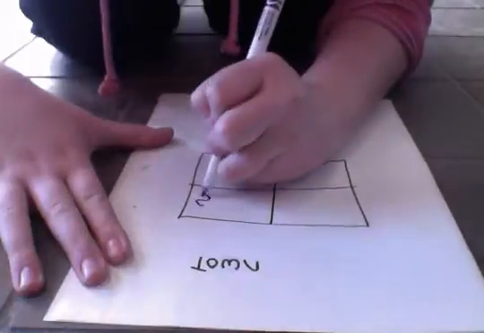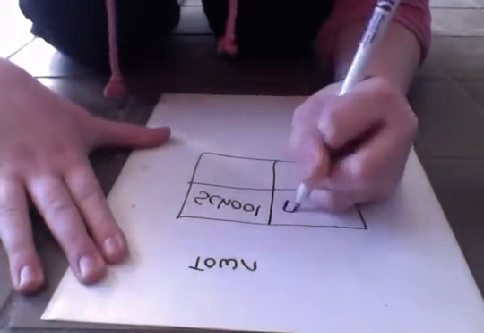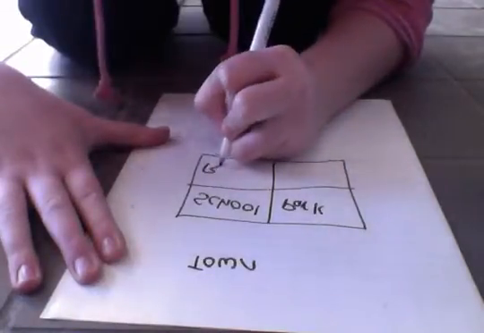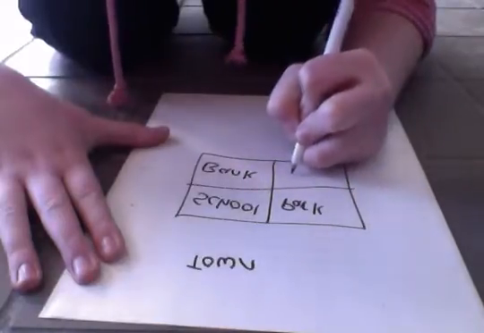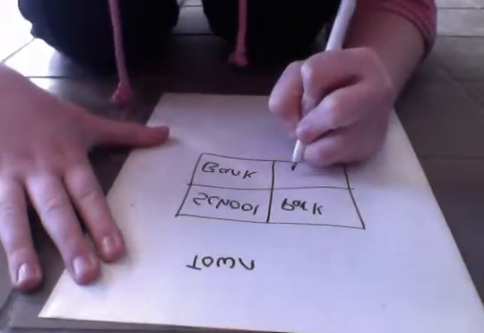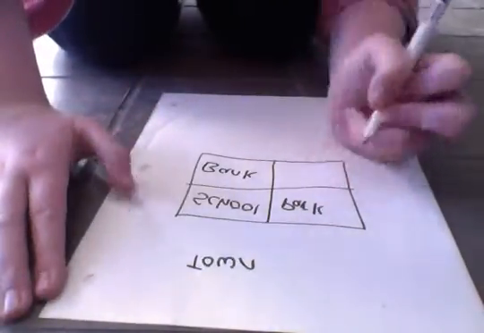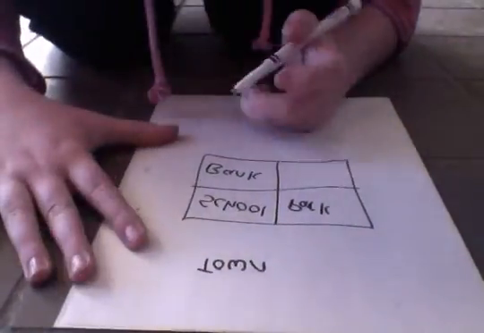There can be a school, there can be a park, there can be a bank, and there can also be a... I don't know what else there can be, so I'm going to leave that blank for now.